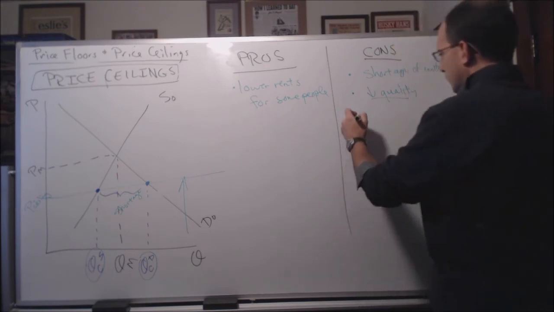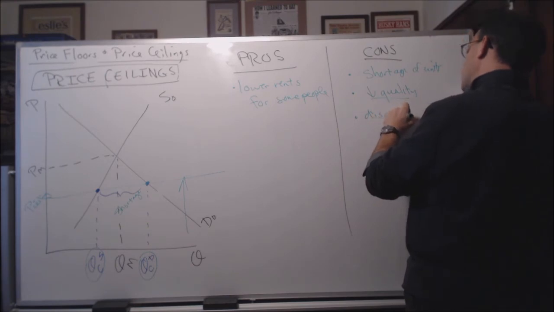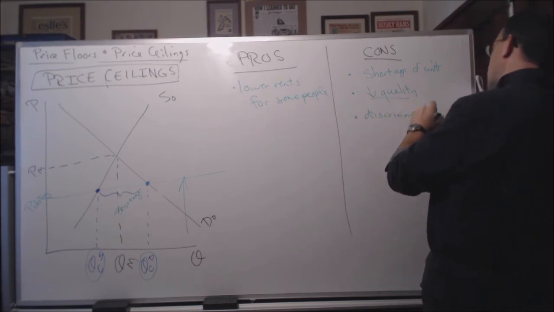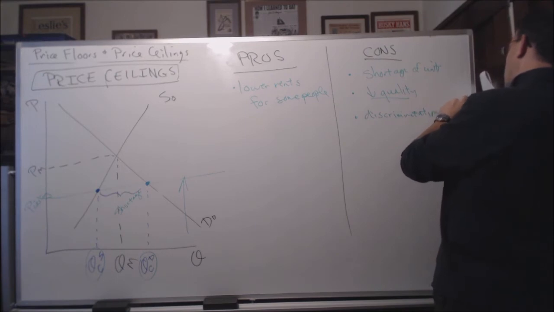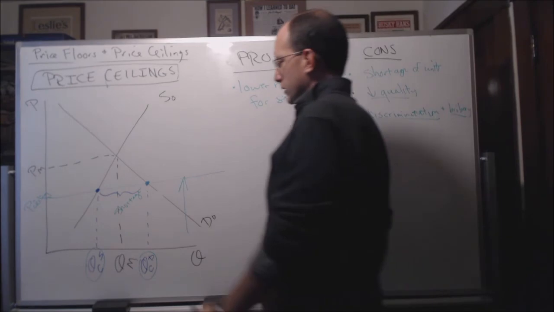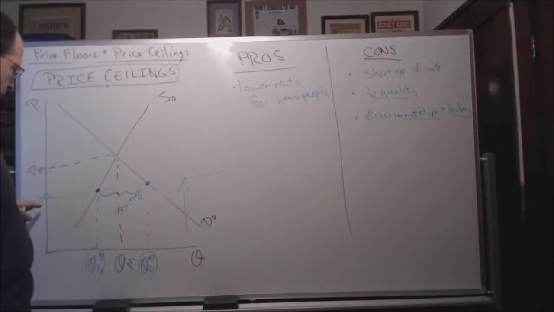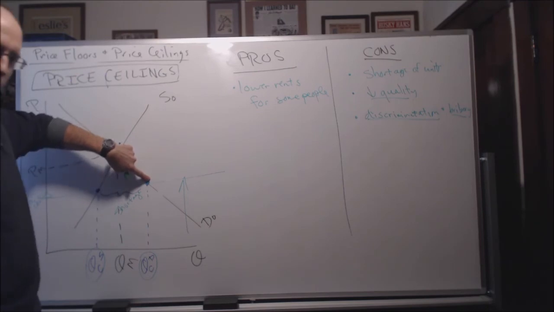Well, there's the ability to discriminate again, and the incentive to bribe. Discrimination and bribery. Look at this, right? At this rent-controlled price, lots of people want to get in. That's the quantity demanded.